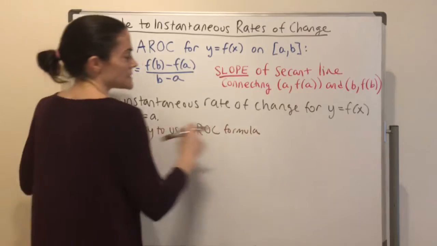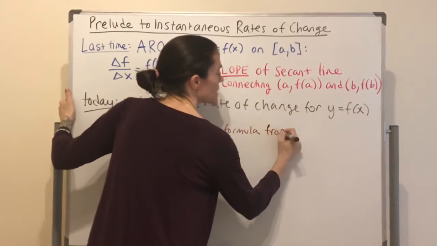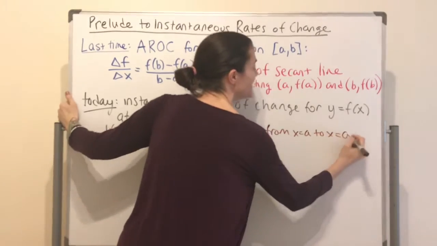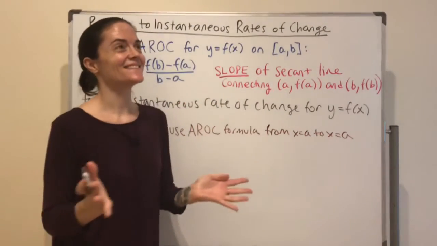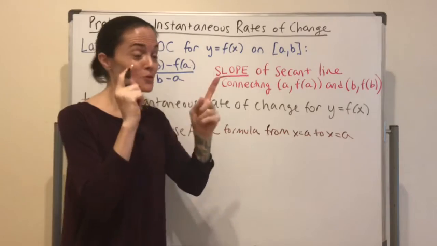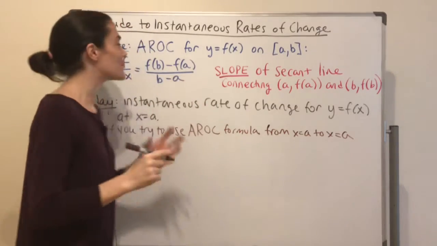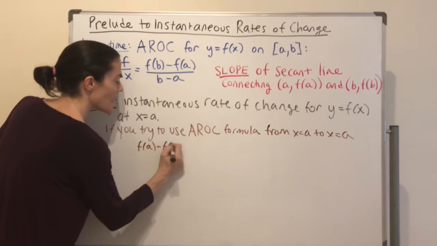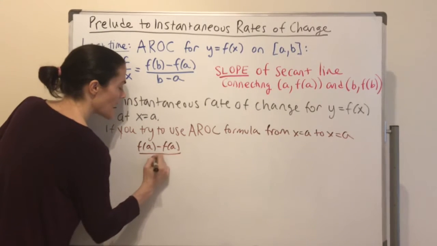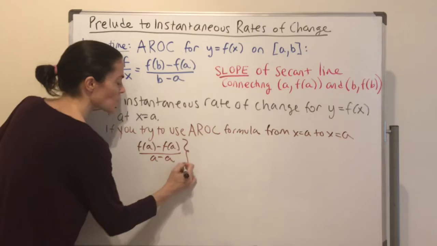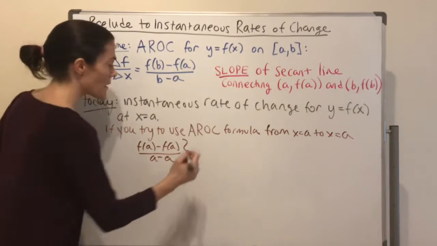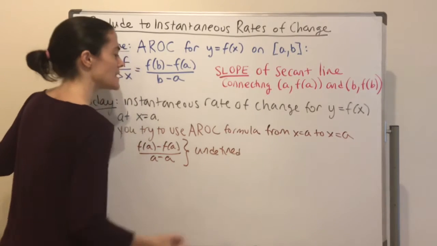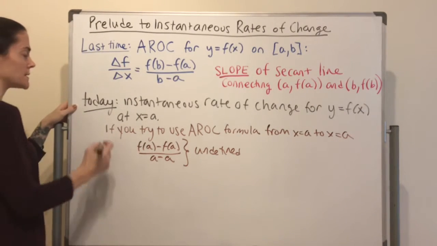Let's say from x equals a to x equals a, because you think, okay, I'm wanting instantaneous. So I'll just have the two endpoints be the same number. This is problematic because look, you get f of a minus f of a over a minus a. This quantity is 0 over 0, and this is undefined.